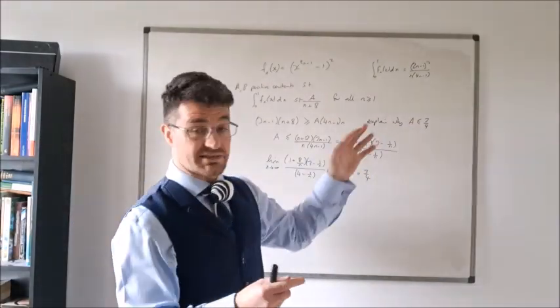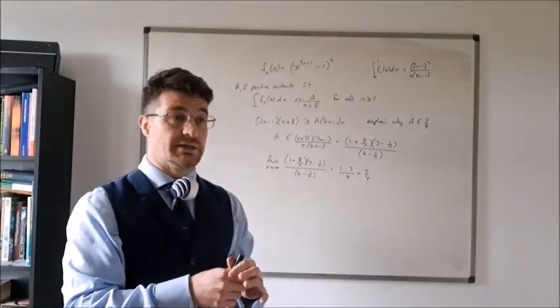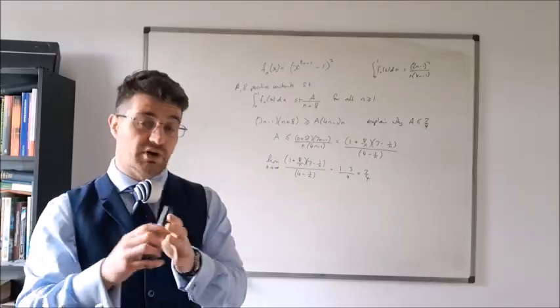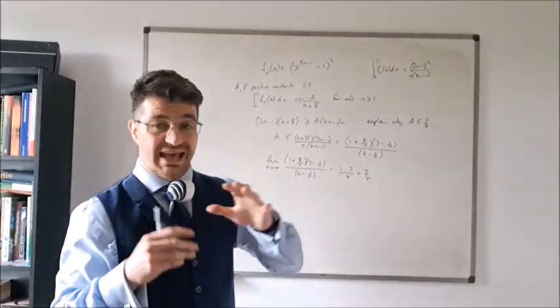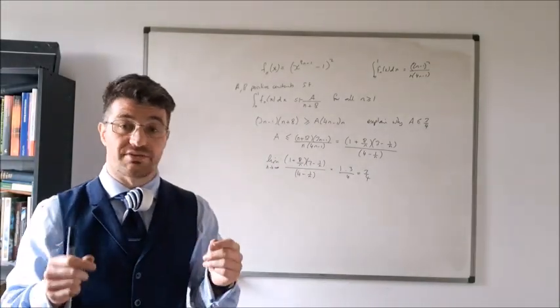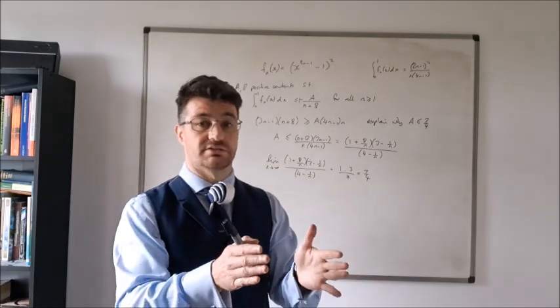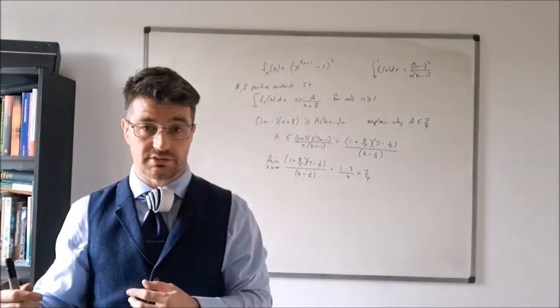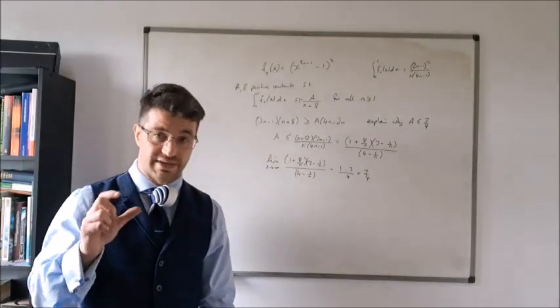If we choose A even less than 3/4, then that might limit the possible values of B even further. But the point is, if we choose a suitable value of A, that will limit to a certain extent the possible values of B. They're not arbitrarily chosen. And this is what I missed.